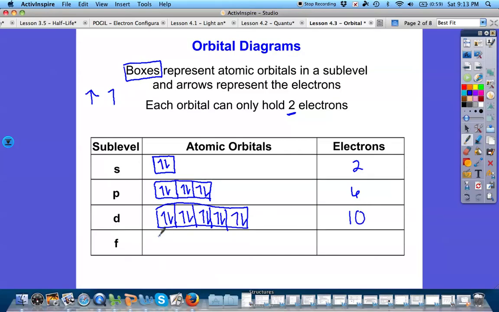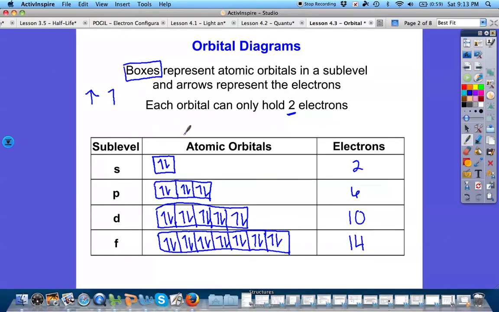And then the F sublevel, a total of 7 orbitals. Each can have 2 electrons for a total of 14 electrons in the F sublevel.